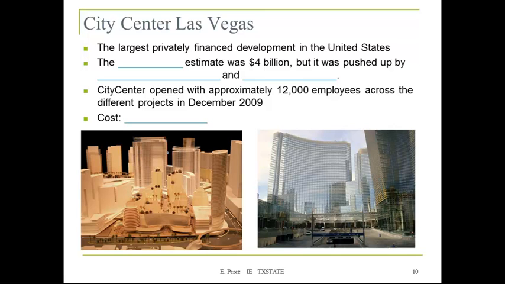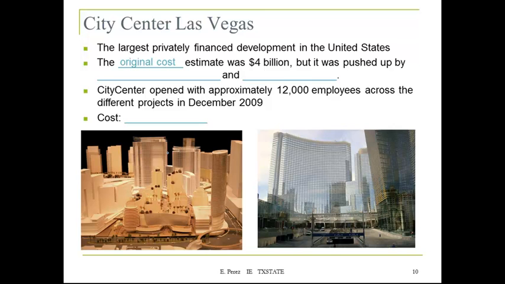is the City Center of Las Vegas, and this is also a large project. This one is very interesting because, again, there were some changes, and you will see how the initial estimated cost changed. This is the largest privately financed development in the United States. It was financed by MGM and also a group from somewhere in India, so there are two partners in this project.